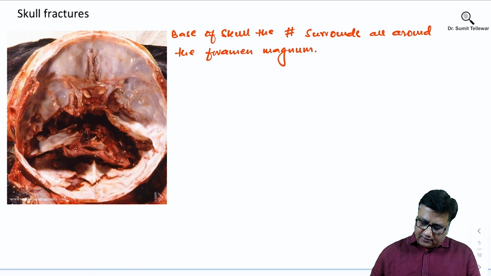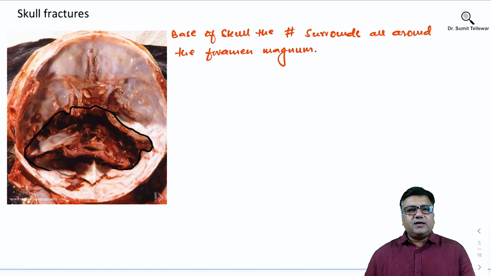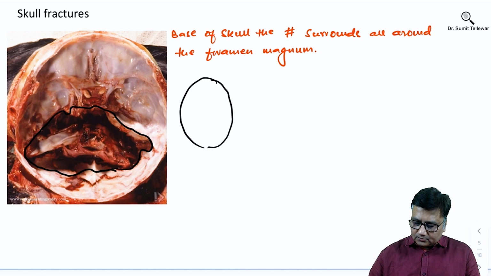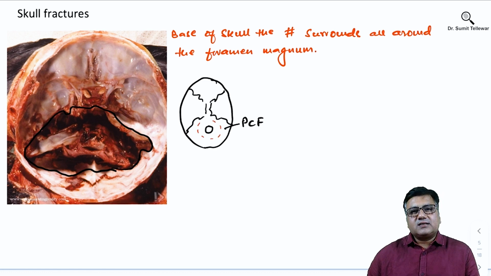We can see the fracture line running in the posterior cranial fossa, as you can see here, all around the foramen magnum. So if I were to draw the base of skull, right? So this is the posterior cranial fossa in which we have foramen magnum right here, and if there is a fracture which is surrounding the foramen magnum like this, it is called as ring fracture.